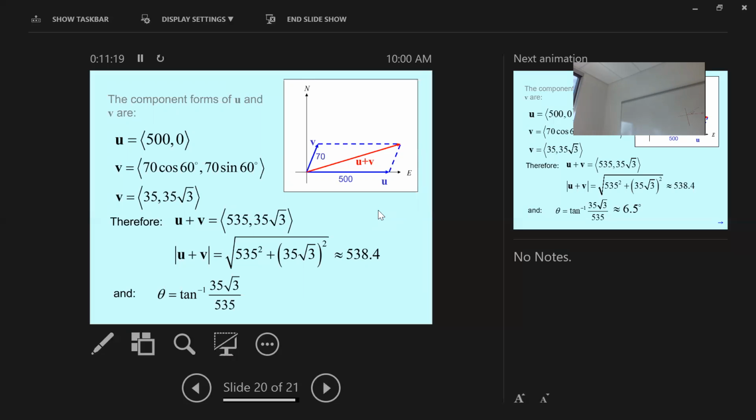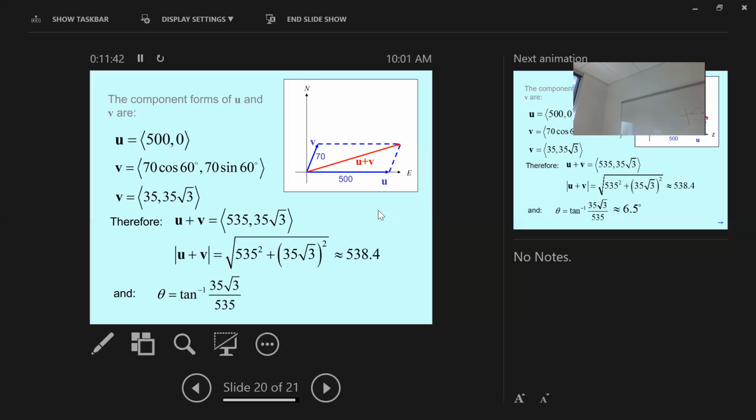So we want this, the opposite over the adjacent, because these are the same vectors. Opposite over adjacent would be 35 root 3 over 535. When you have a right angle there, it'd be 535.